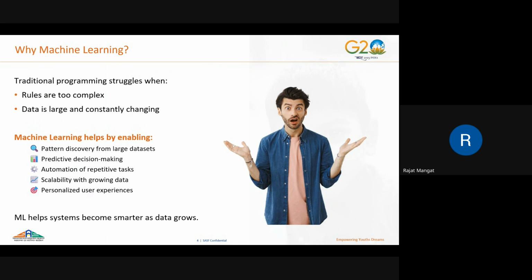Predictive decision making, that we talked about earlier, is like what are the chances of a person living in Delhi of age so and so getting diagnosed with asthma. That comes under predictive decision making. Automation of repetitive tasks: there are certain tasks that are repeated on a daily basis, and they can be automated using machine learning.